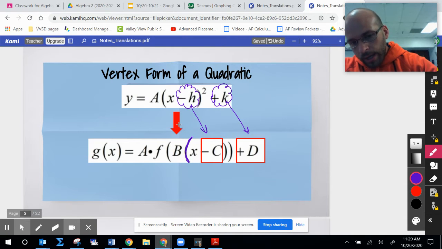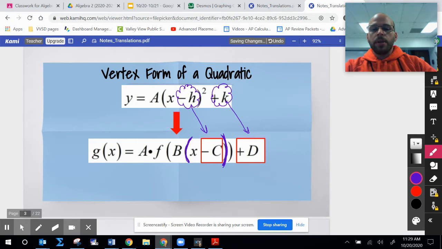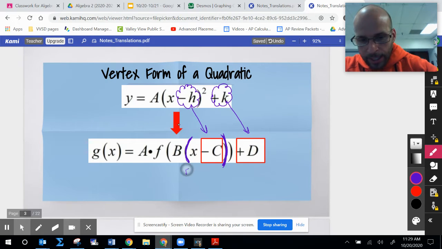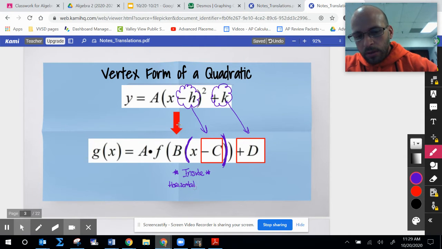When they are inside my parentheses, those are going to be horizontal. So when it's inside my parentheses, it is going to be a horizontal translation.